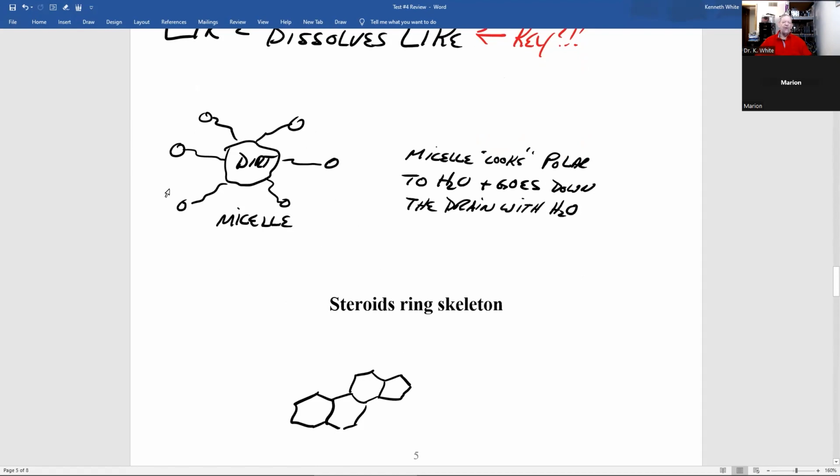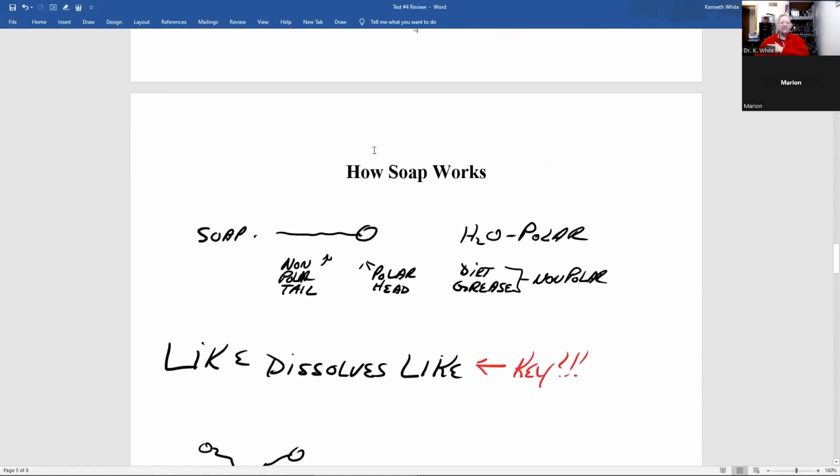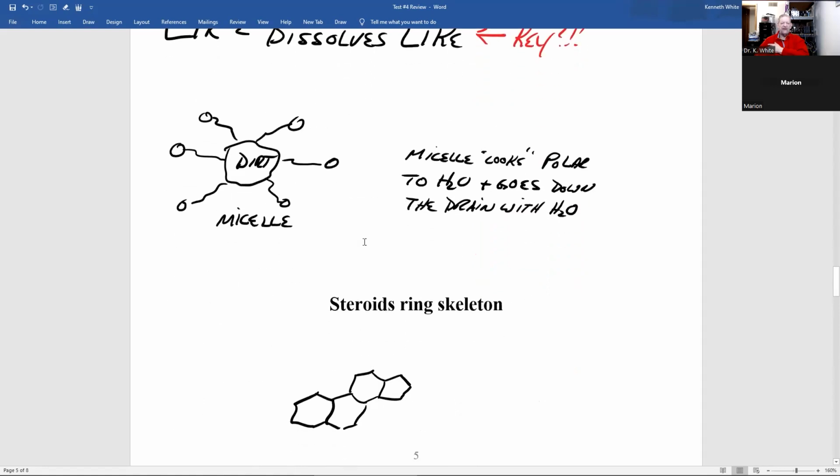And now when the micelle, and I've only put a couple of the dirt soap molecules and it's totally surrounded, it forms a micelle, and the outside of the micelle has the polar head. And now the micelle looks polar to water, and water says to the micelle, I'm polar, you're polar, let's go down to drain together. And they do.